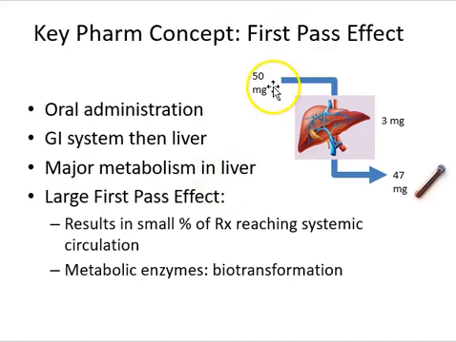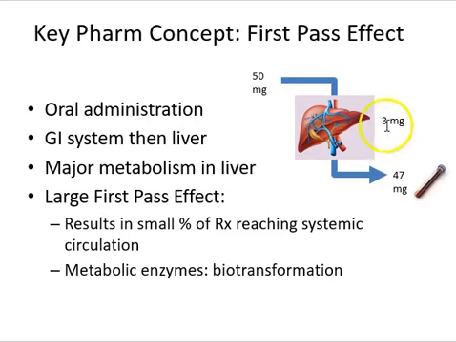So here's a 50 milligram tablet that the patient swallows, and we know that if we were to assay the blood after some time, we're not going to see 50 milligrams of this drug in the blood completely. We'll see a slight reduction of it. This is standard for most of the drugs that we take orally, right?